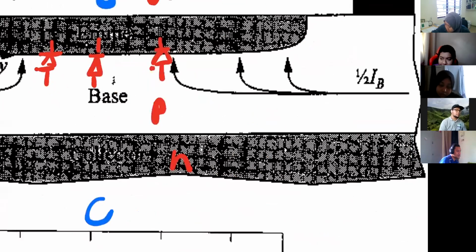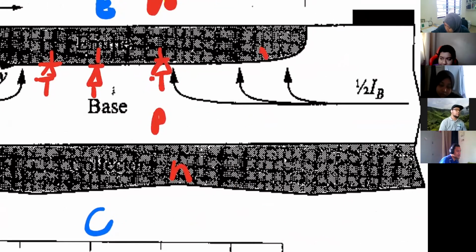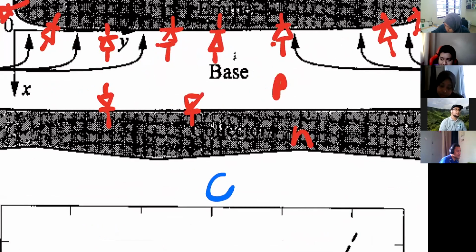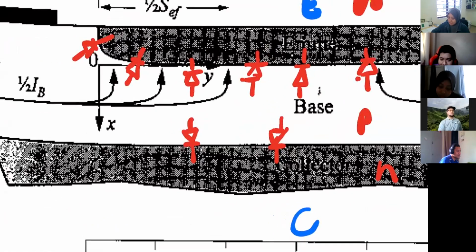Saya tak draw banyak lah sebabnya it's a lot of diodes connecting the emitter to the base, and so on. And the same goes for the downhill. But what we want to concentrate on is the base to emitter.